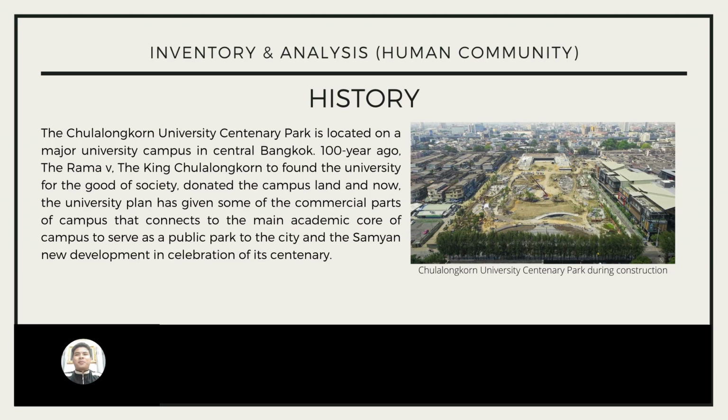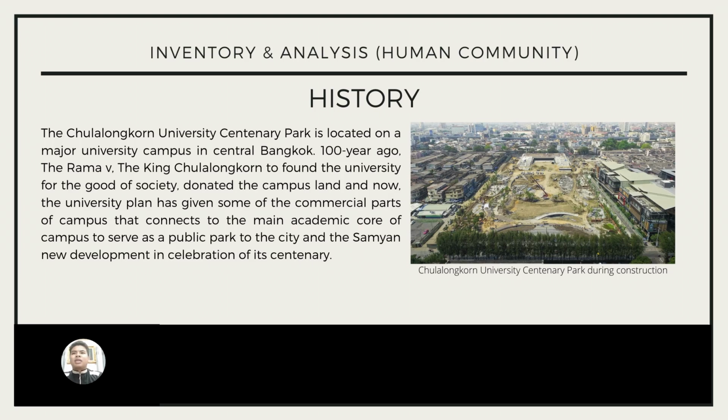Thank you, Irham. So let's proceed to the human community environment, which in our case has history and also visual. For the history, the Chulalongkorn University Centenary Park is located on a major university campus in central Bangkok. 100 years ago, Rama V, King Chulalongkorn, founded the university for the good of society and donated the campus land.